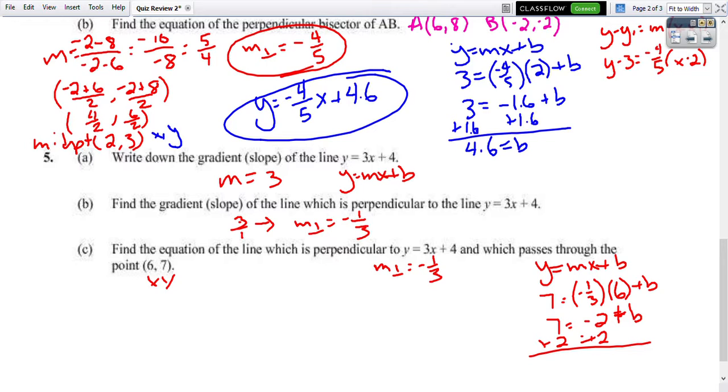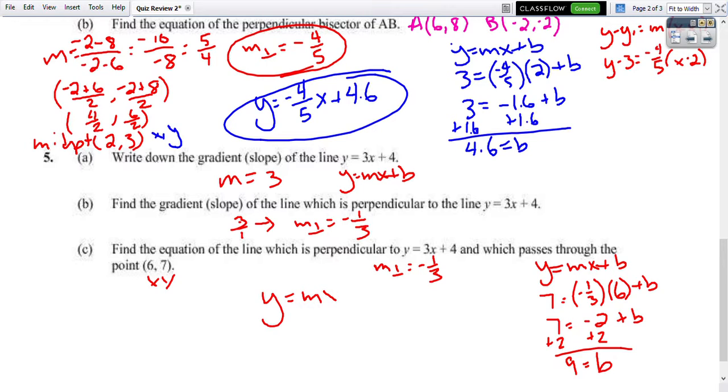I just want to clean that up since I'm going to send this to you guys later as answers. So plus b, add 2, we get 9 is equal to b. All right, and then we can state our equation.